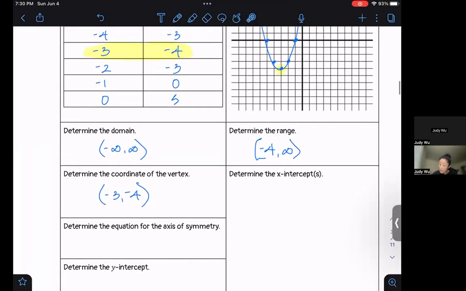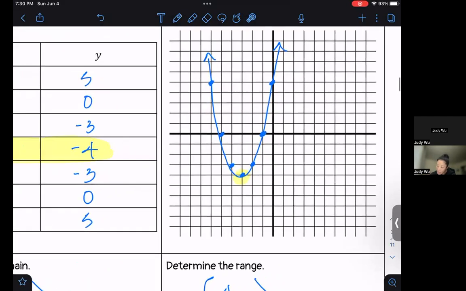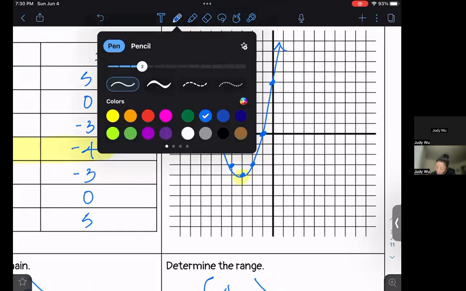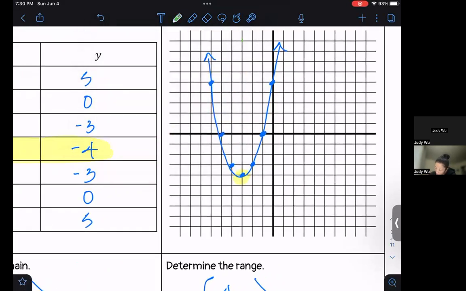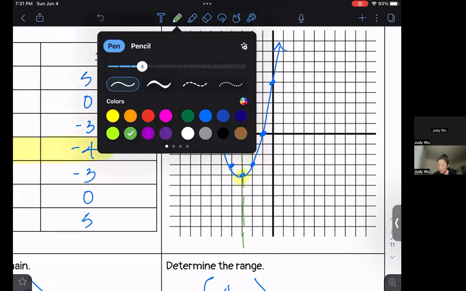All right, now once we have the vertex, our axis of symmetry, okay, so let's sort of draw that in. Our axis of symmetry would actually be right here. All right, that vertical line that goes right through the vertex. Now, because it goes through the vertex, it actually shares the same x value as the vertex.